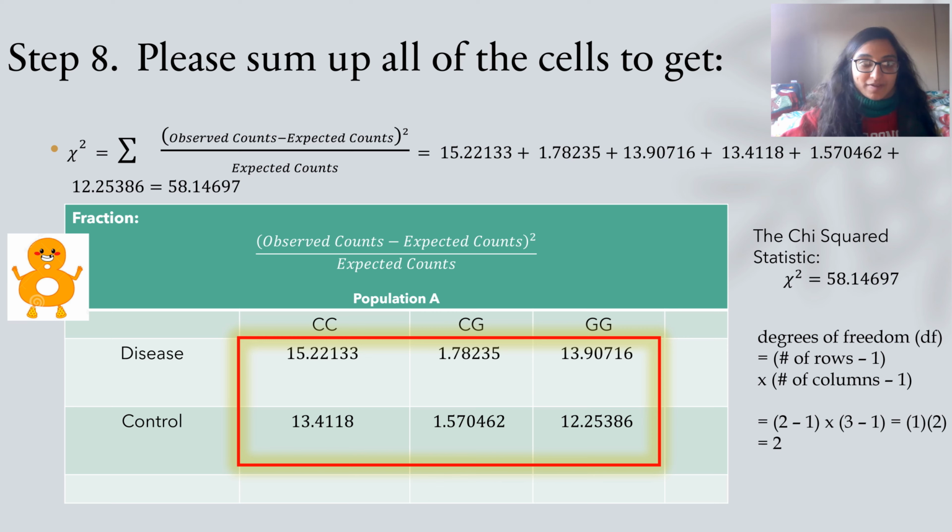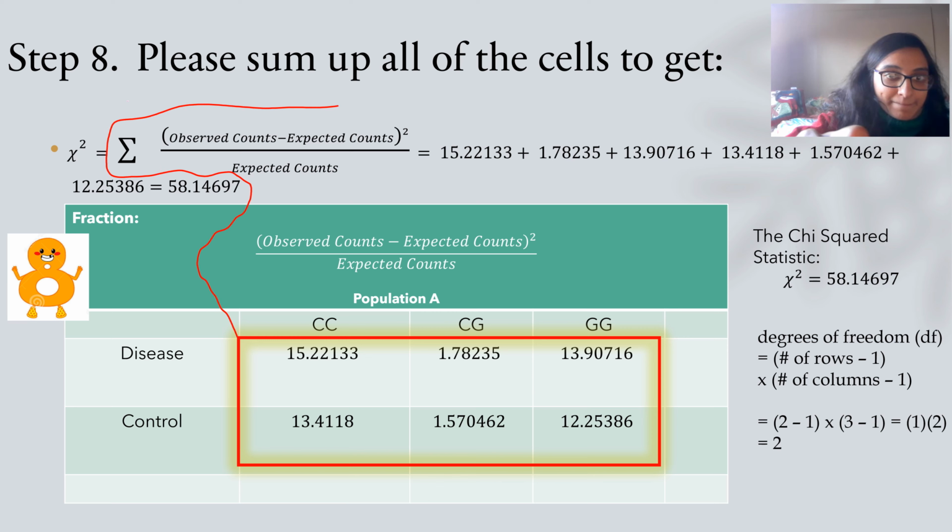We get our chi-squared value by taking the observed counts minus expected counts, squared, divided by expected counts. That is what this whole summation is, basically mapping everything to this. We just sum up all these values.